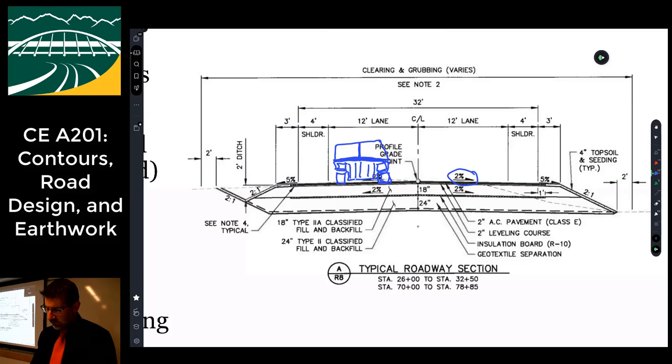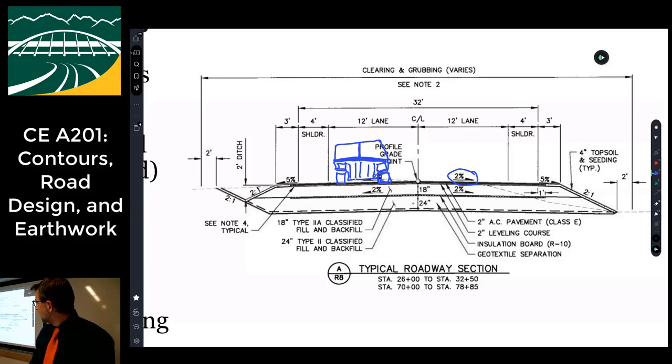And so you'll see here that they put in 24 inches of type 2 classified fill, right? So there's all this stuff which you'll learn much later about the different types of gravel and fill and backfill, right? It has to do with the amount of coarse material, fine material, chemically inert material, all that stuff. You don't want any organics or peat in there, that kind of thing.